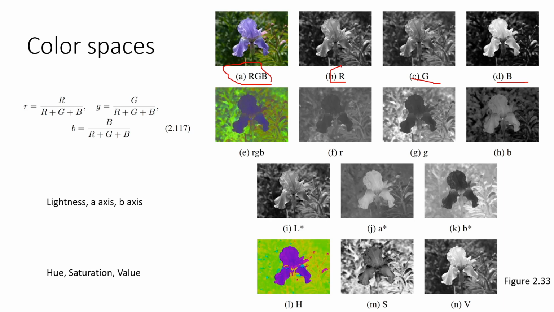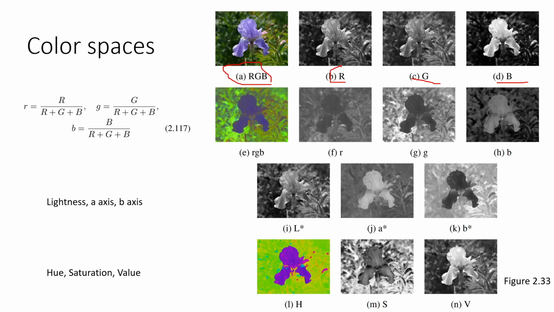In contrast, the background is almost green, so you can see there are many high pixels in the green channel. Then you can convert the RGB channels into the lowercase r, lowercase g, and lowercase b channels. It means the ratio of the 3 channels, right?